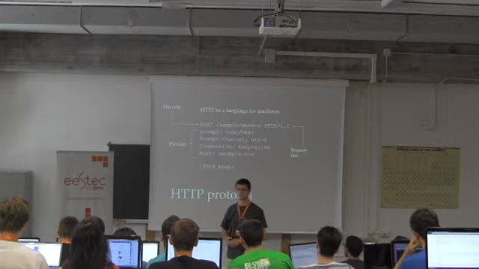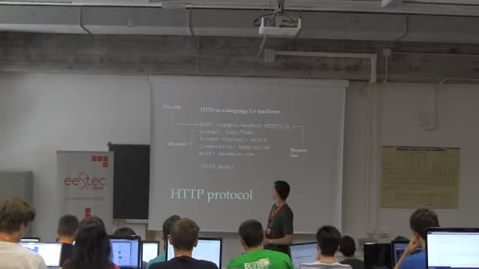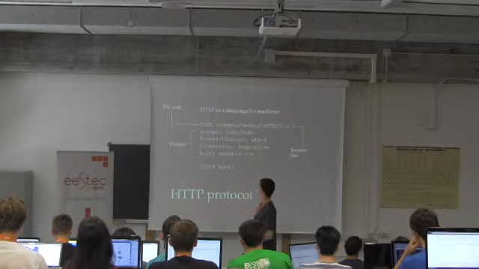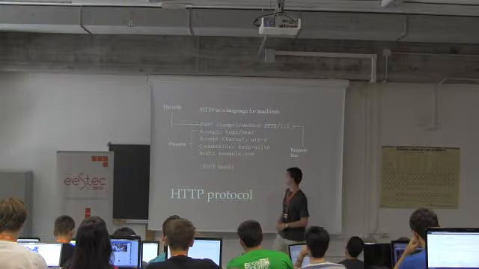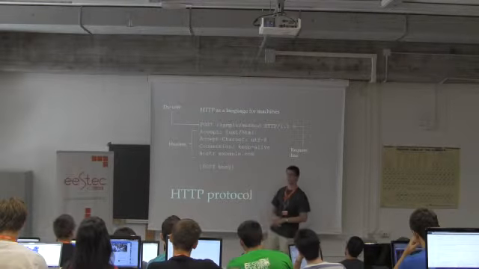I'm showing you this just to give you some grasp of how headers work. They're just lines of parameters in key-value format, right? You have a key here and a value here.